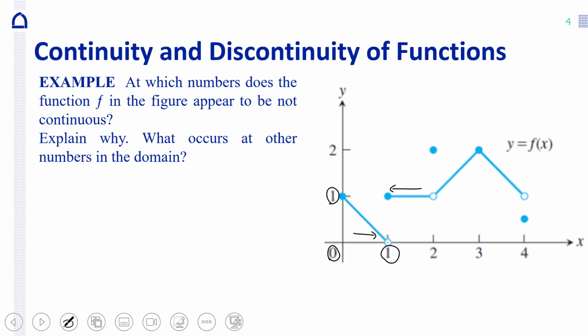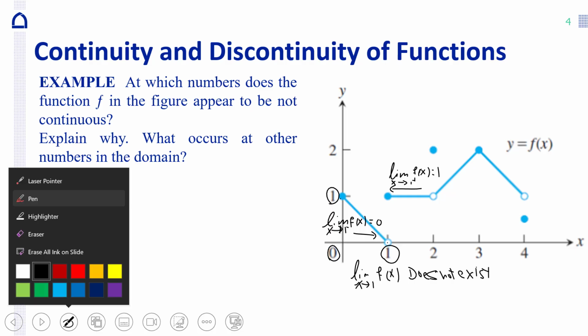So the right limit when x tends to 1 from the right for f(x) is equal to the height here, 1, and the left limit when x tends to 1 from the left for f(x) is equal to 0. So yes, the limit as x tends to 1 for f(x) does not exist. So we miss this condition.